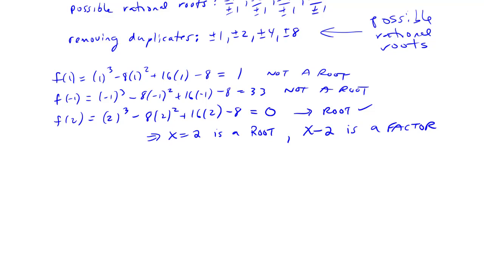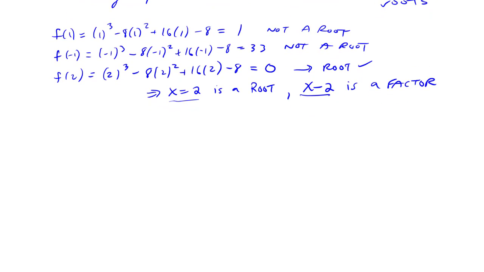Okay, so once we have this, and we know that x minus 2 is a factor, we divide that into our original polynomial, x cubed minus 8x squared plus 16x minus 8. So the x minus 2, so to get from x to x cubed, I need an x squared.